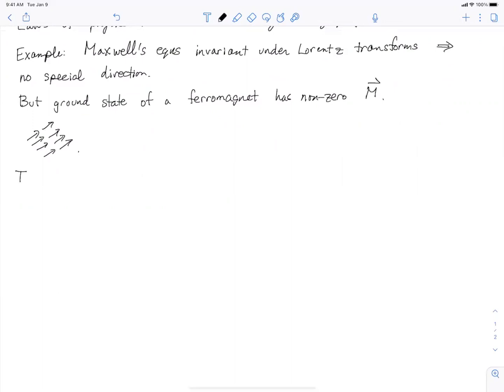There are two general types of symmetries that we might be talking about, and we'll talk about both of them. One is global symmetries, which means that whatever symmetry transformation you're doing, it's the same at all points.